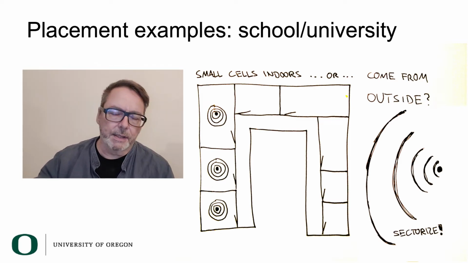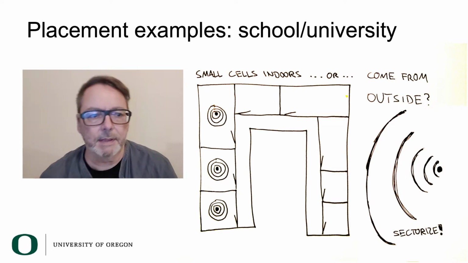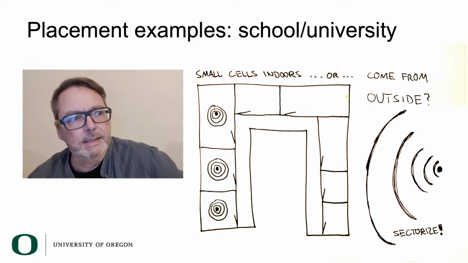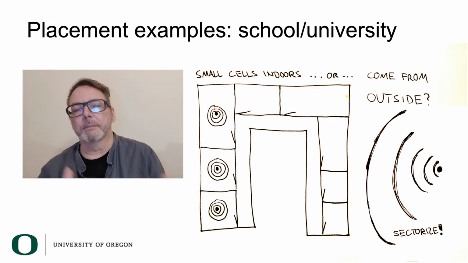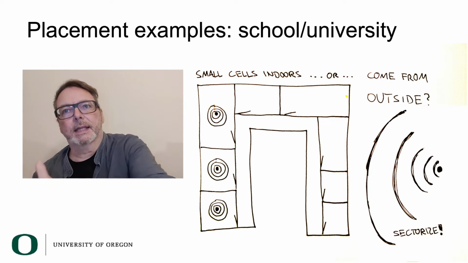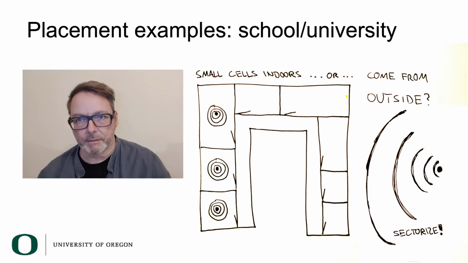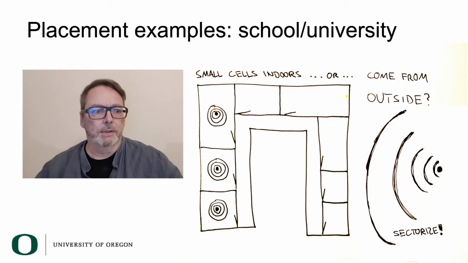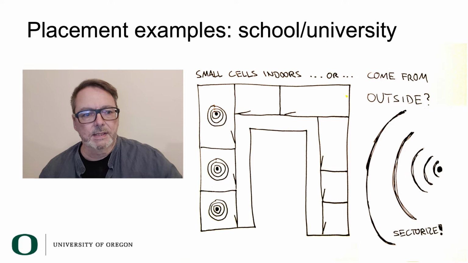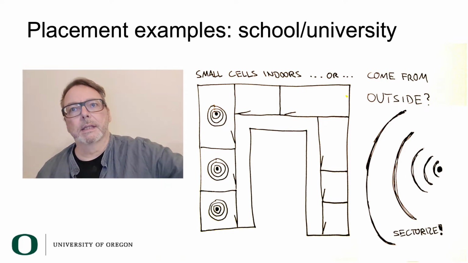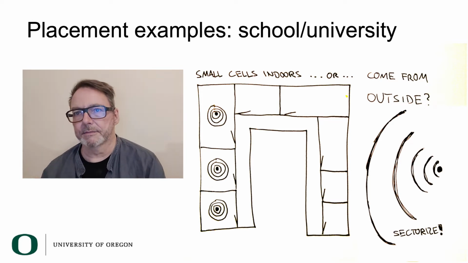And as an alternative, if I don't have the budget or the will or the possibility to deploy access points in each and every one of these single cells, the rooms, sometimes coming from outside can be an alternative. Like if you have a multi-story building, say with many offices or auditorium rooms, classrooms, sometimes if you can find a place outside opposite the building, that might offer an alternative.